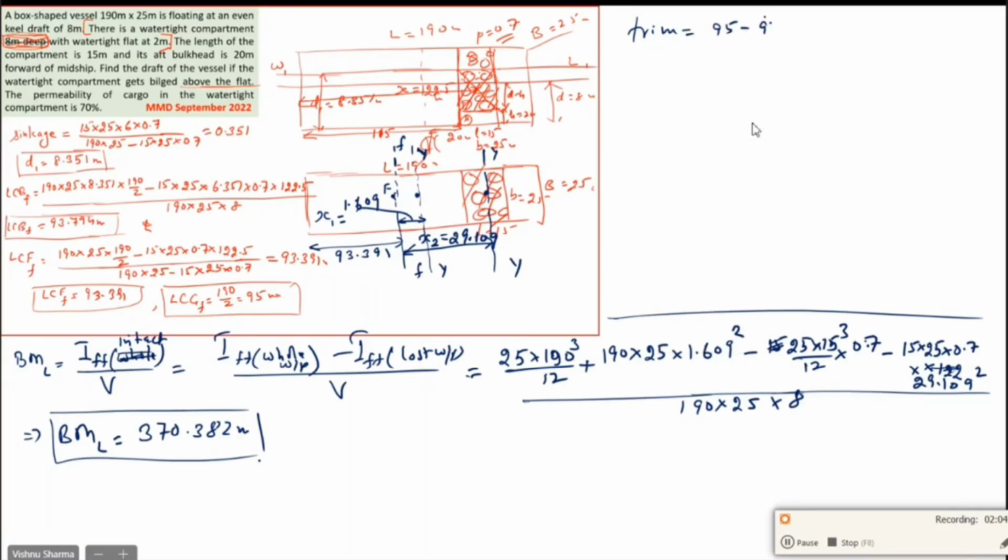So be careful, use the LCB here because they are different. Don't make a mistake of picking up LCF in a hurry. Okay, so sometimes people make that mistake also. BML 370.382.